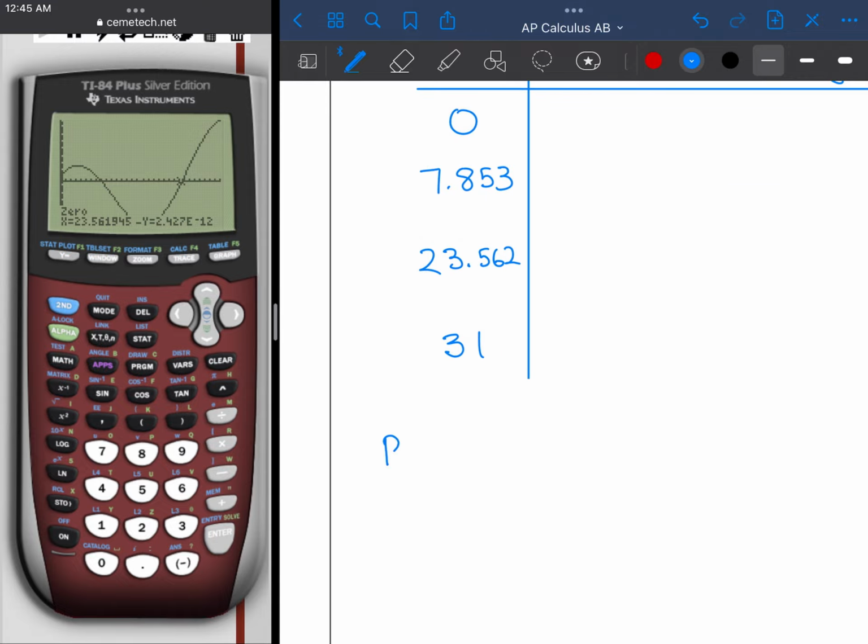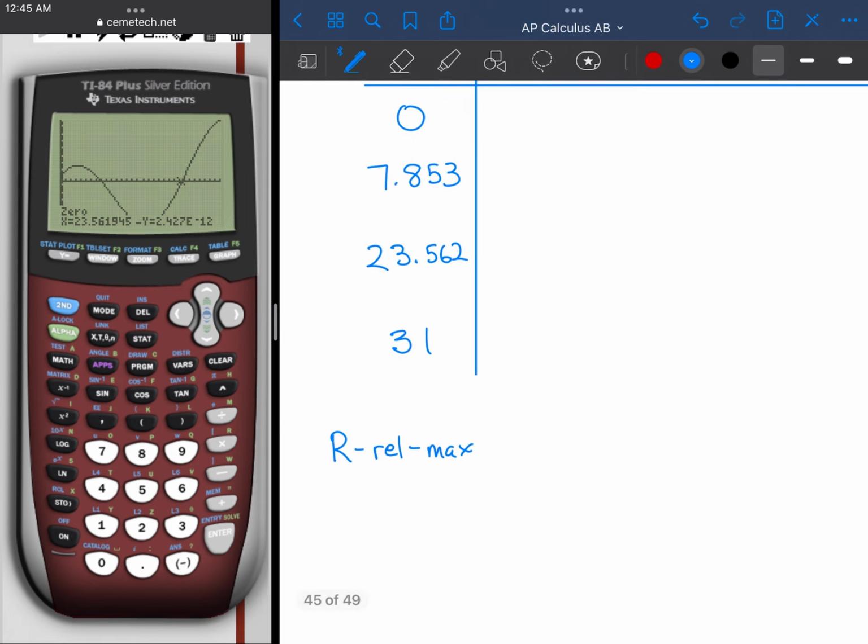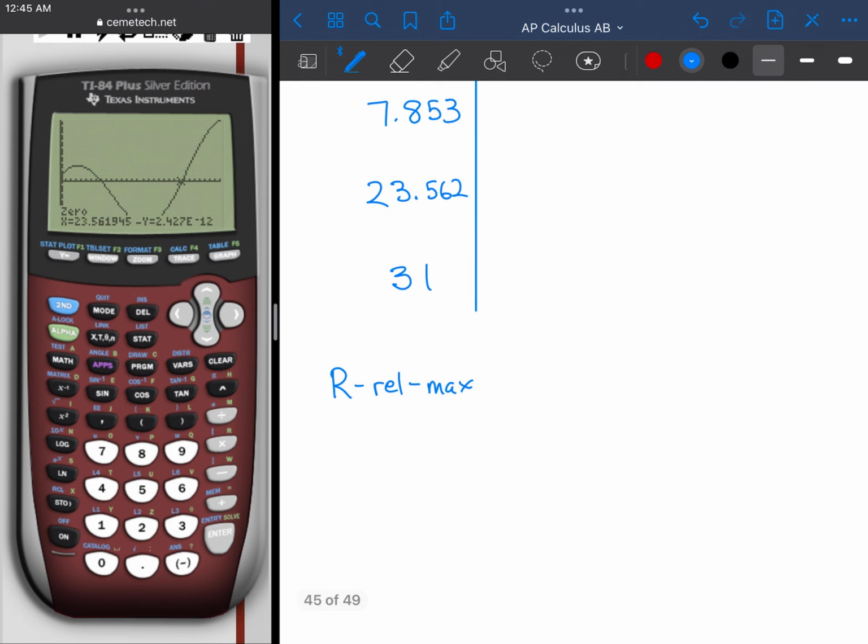So a relative maximum, the thing that we're after, because you have to be a relative maximum in order to be an absolute maximum, is when you have an R prime. Well, R is already a prime, so I guess I'm correct in saying that's an R prime going from a positive to a negative.